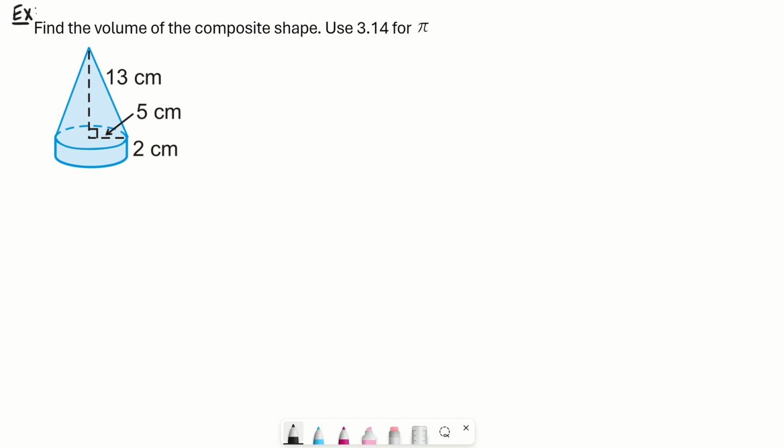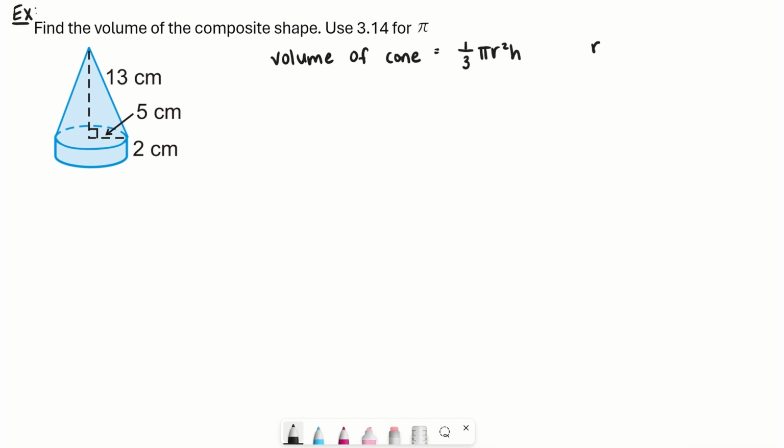In this example, we are going to find the volume of this composite shape. We will use 3.14 for pi in this case. Here I see a cone on top of a very short cylinder. The volume of the cone is 1/3 pi r squared h.